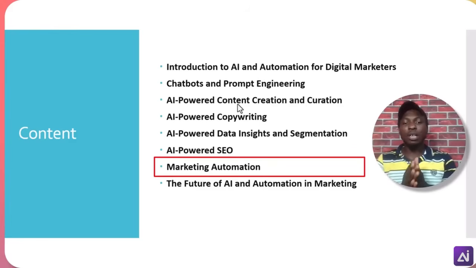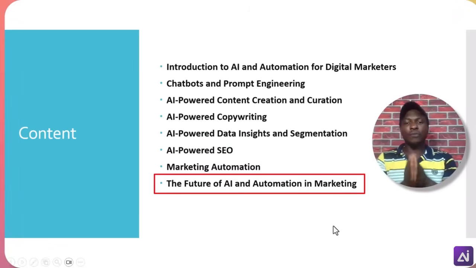So how can you automate a lot of the day-to-day processes that you do? And then finally, the future of AI and automation in marketing. So what's the future, and what should we expect going forward with this new rave of artificial intelligence? I want to welcome you once again to the course, and I can't wait to see you inside.